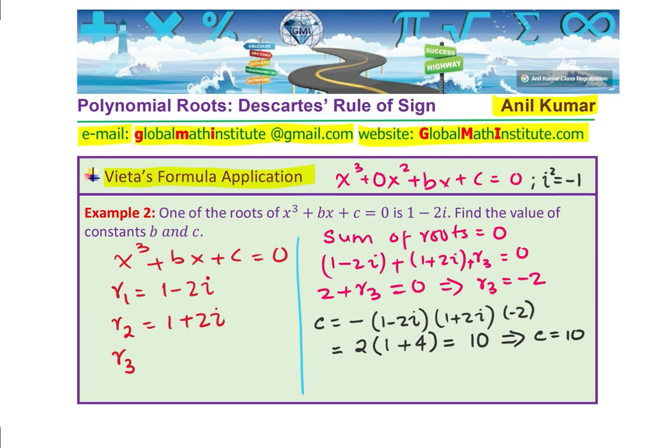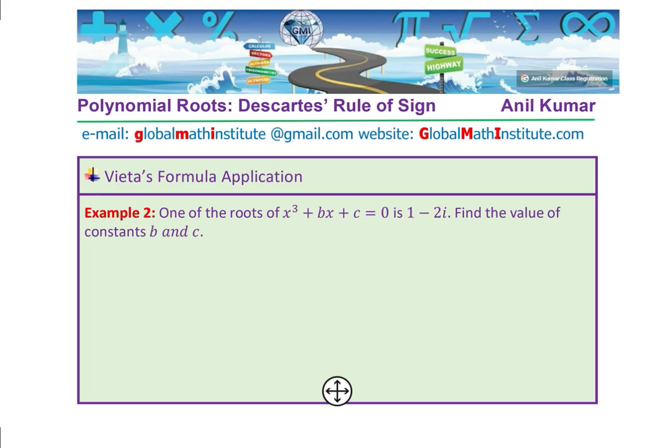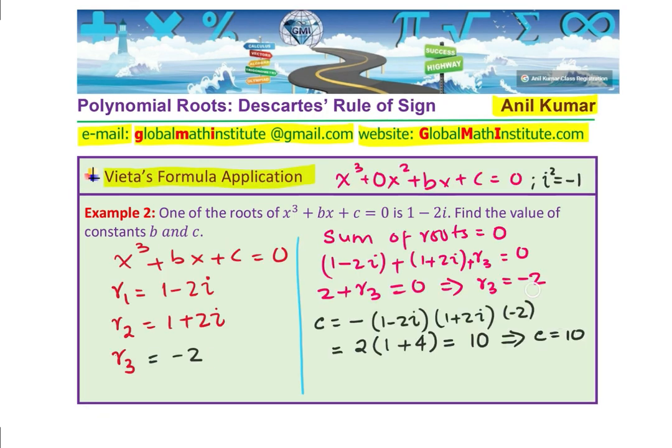Let's do it on the next page. b is equal to the positive value of the pairwise products, which is 1 minus 2i times 1 plus 2i, plus the other root we calculated, which is minus 2.